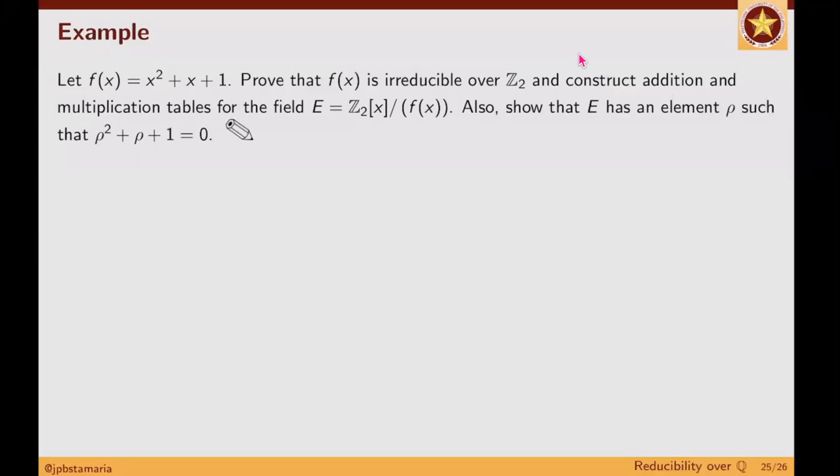Then also show that E has an element rho which is a root of f. Kasi yung element na yun, pag ini-square mo, in-add mo sa rho, nag-add ka ng 1, lalabas ay 0.